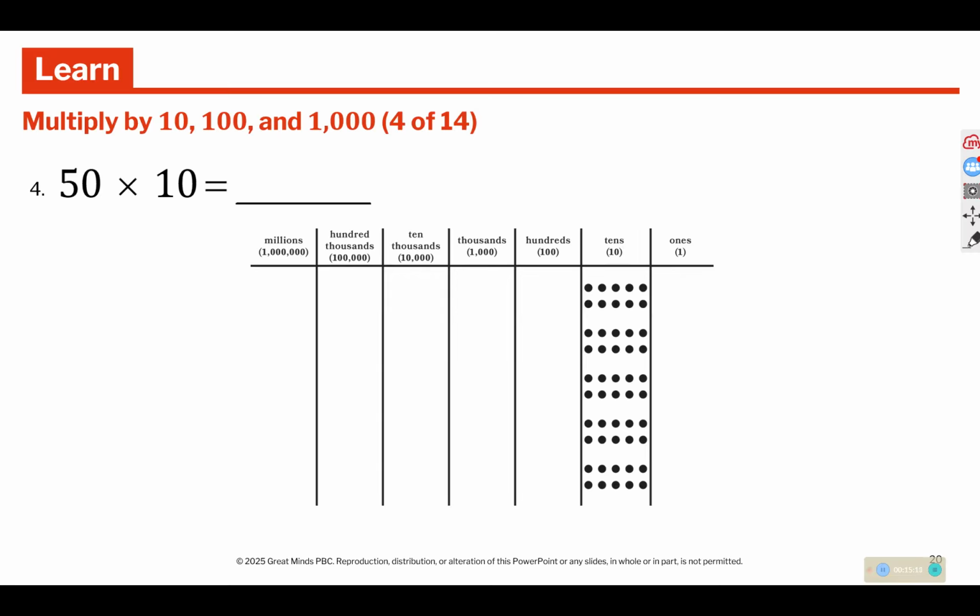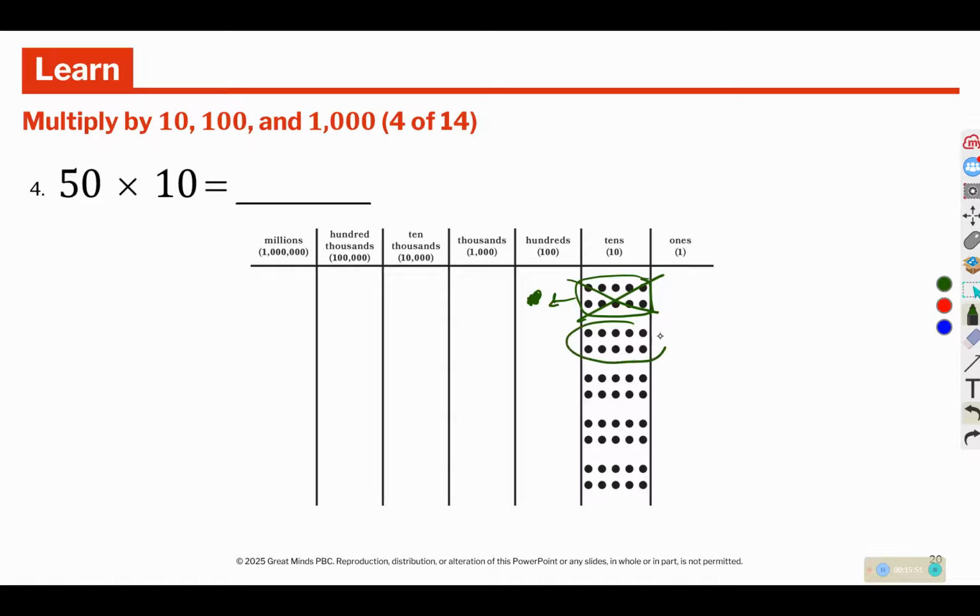But we can rename that. Instead of saying 50 tens, because that's 5, 10, 15, 20, 25, 30, 35, 40, 45, 50. Instead of saying 50 tens, what's another way that we could state that? Well, 10 tens regroups to make 100. So I can replace 10 tens with 1 in the 100 spot.